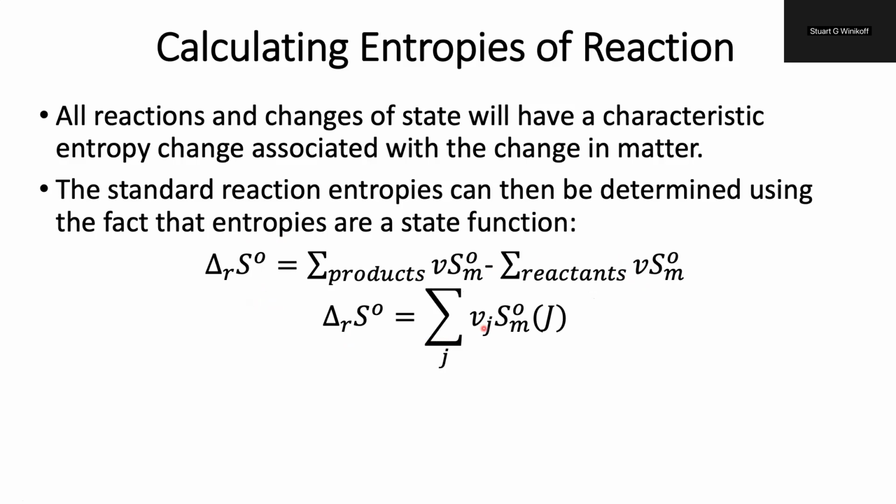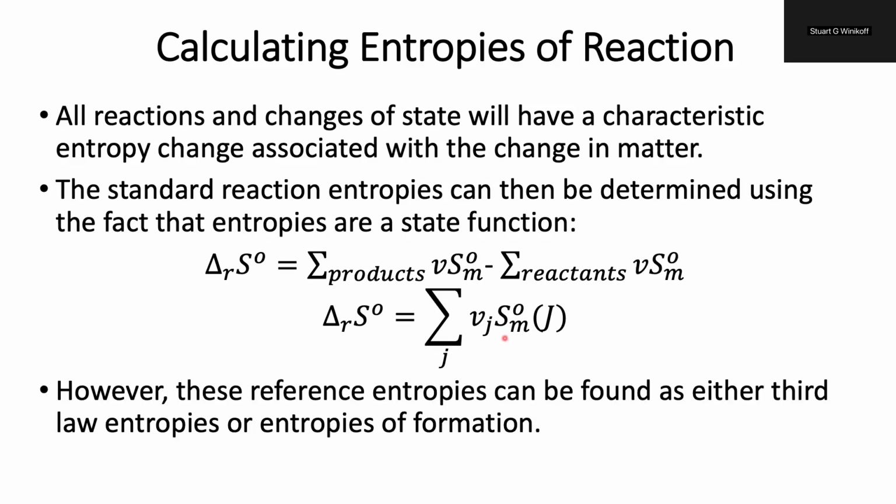Now, just like before, we need to pay close attention to what our reference entropy is going to be. In this case, we actually have a bit more of a choice than we did with enthalpies. There are two major options. We're often going to have our reference entropies as actual third law entropies, because it turns out you can figure out the absolute entropy for any number of substances.